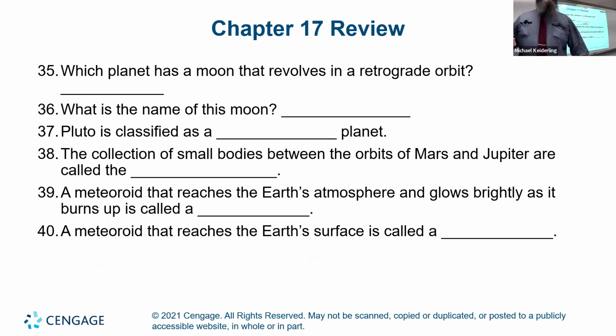The planet that has a moon that revolves in a retrograde orbit is Neptune, and that moon is called Triton, not Titan. Titan, Saturn; Triton, Neptune. Triton, as in trident.